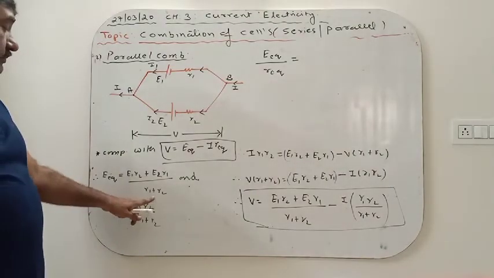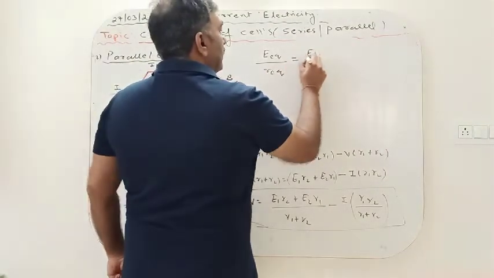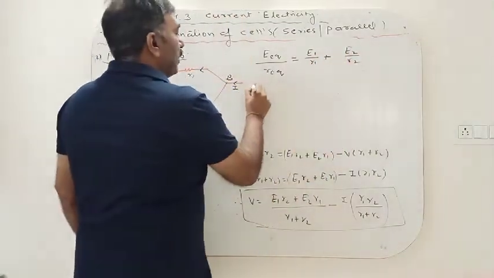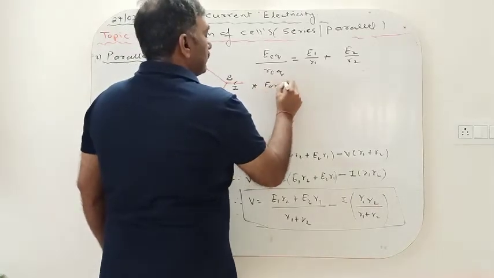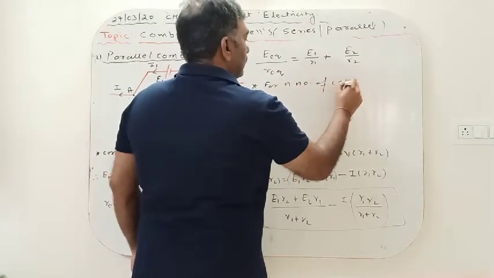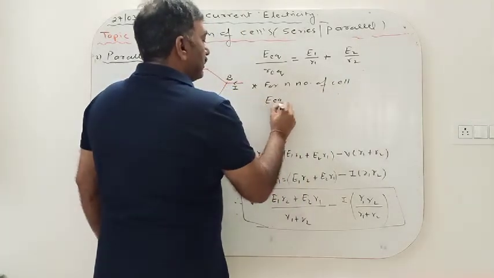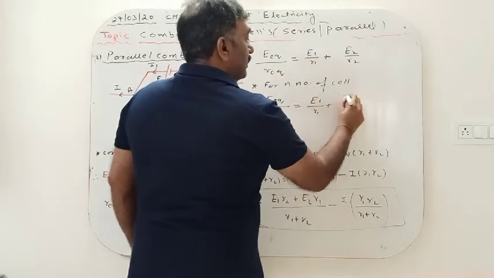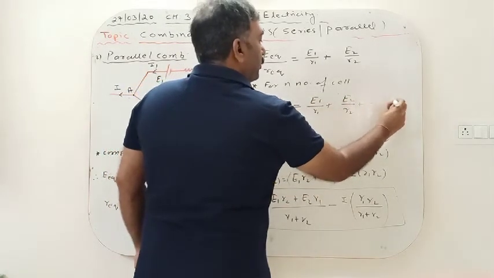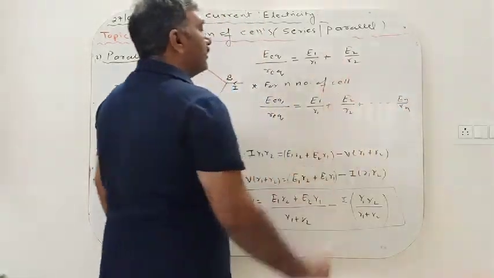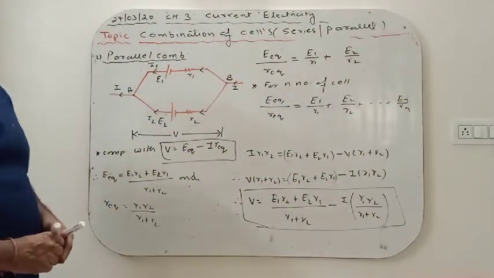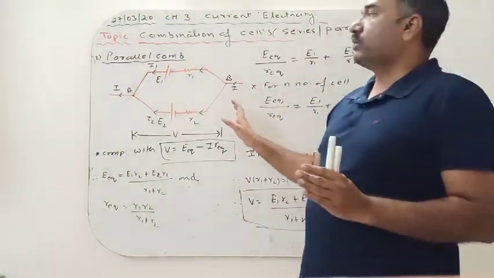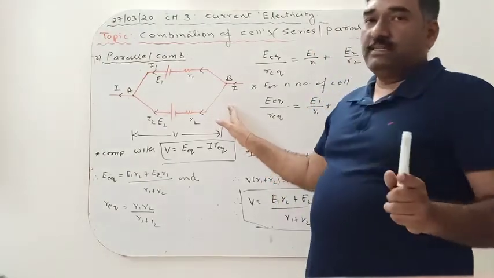R1 R2 cancels, so we can write E1 by R1 plus E2 by R2, and for n number of cells, E equivalent divided by R equivalent is equal to E1 by R1 plus E2 by R2 up to En by Rn. So in this manner we can obtain the equivalent EMF and equivalent internal resistance for the combination of two cells in series and in parallel.